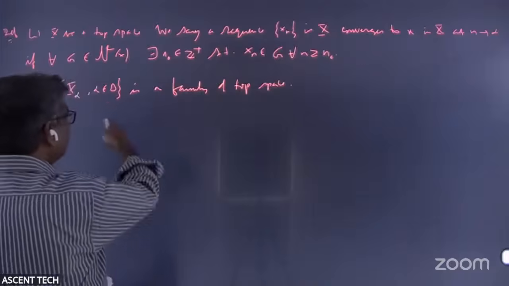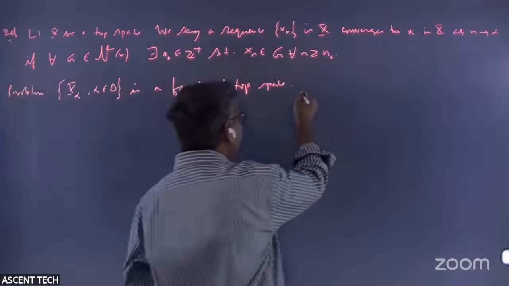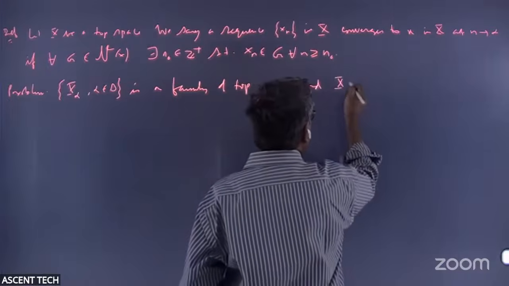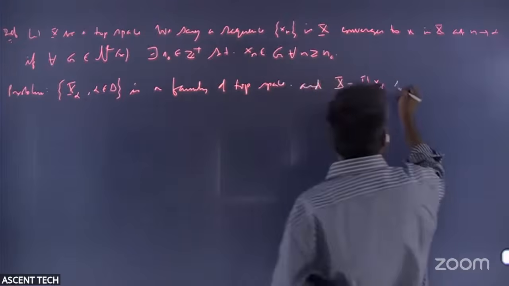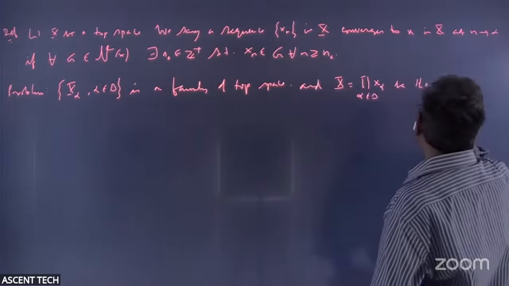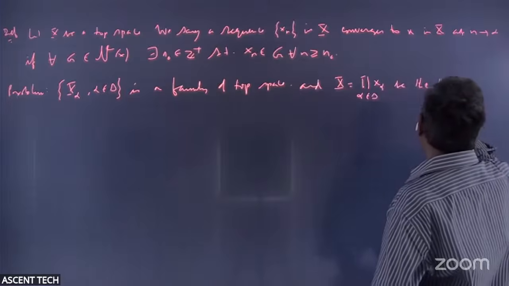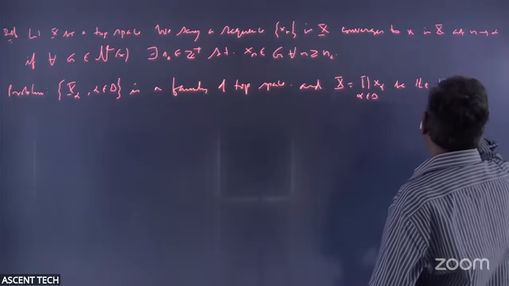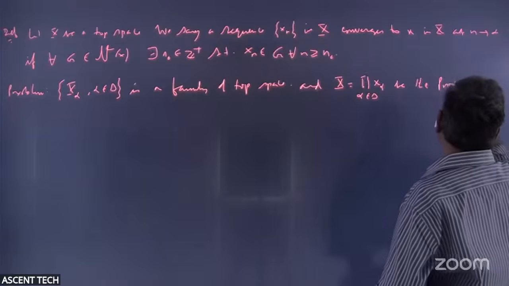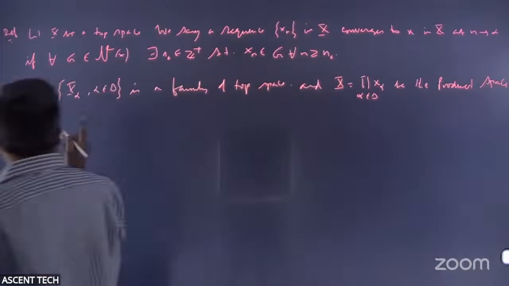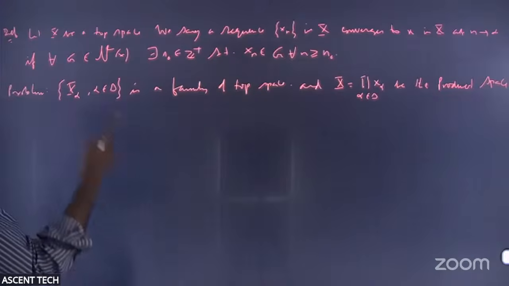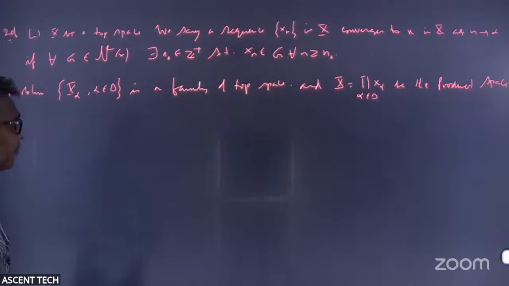So suppose this is a family of topological spaces and capital X equals the product of X alpha, alpha belonging to delta, be the product space, the product with the product topology. That's what I mean by product spaces.